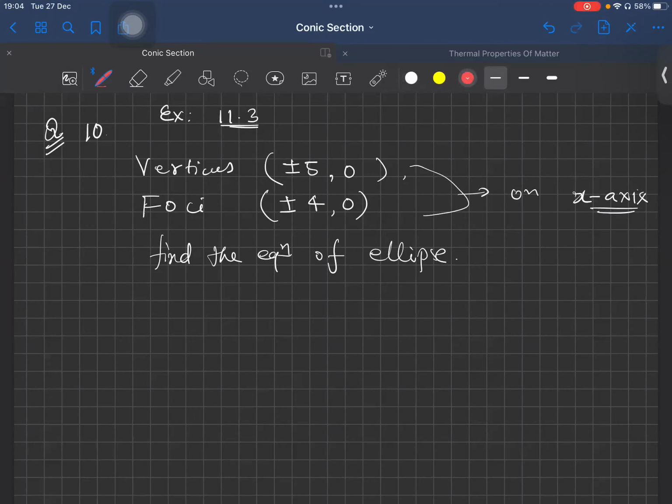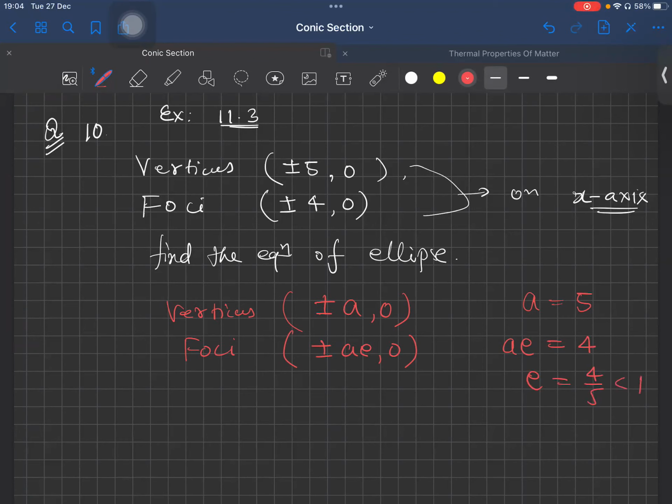We know the vertices are given by plus or minus a comma 0, that means the value of a is 5. Foci are given by plus or minus ae comma 0. So ae is equal to 4. A we already know, so e will be equal to 4 upon 5, which is less than 1, of course, because it's an ellipse.